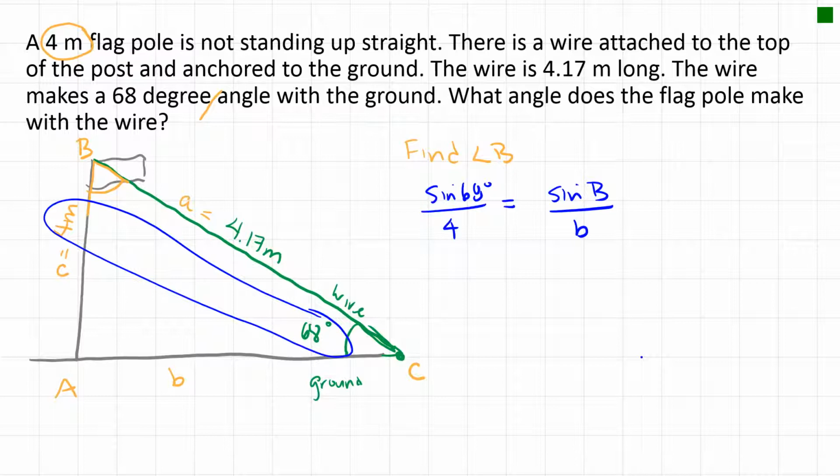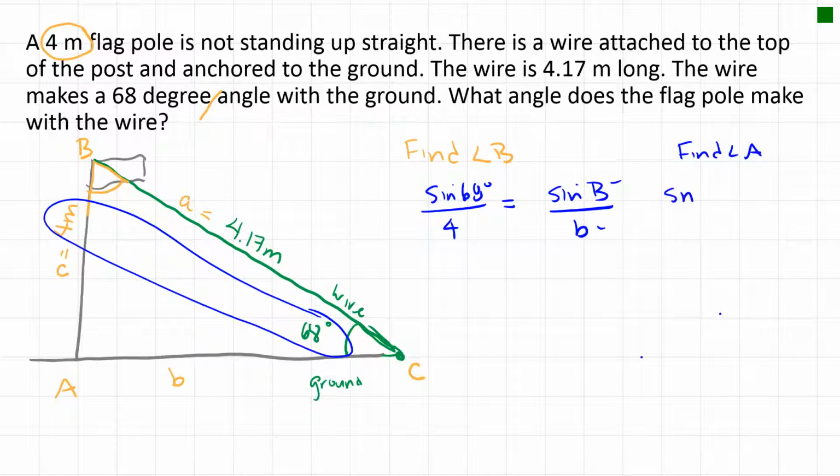But wait a minute, I don't know what either of these are, so that doesn't help. That means I can't find out what B is right away. I've actually got to set up the ratio to find angle A first. So let's find angle A first.